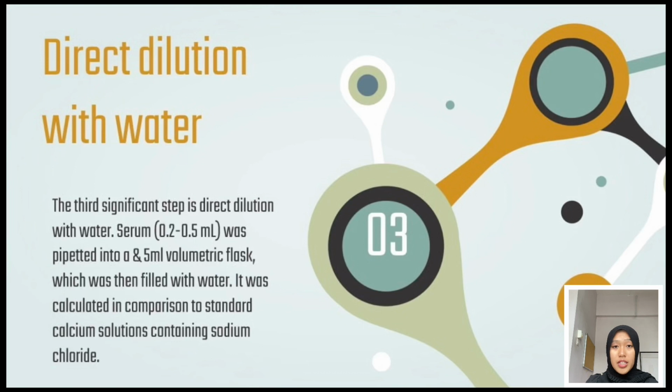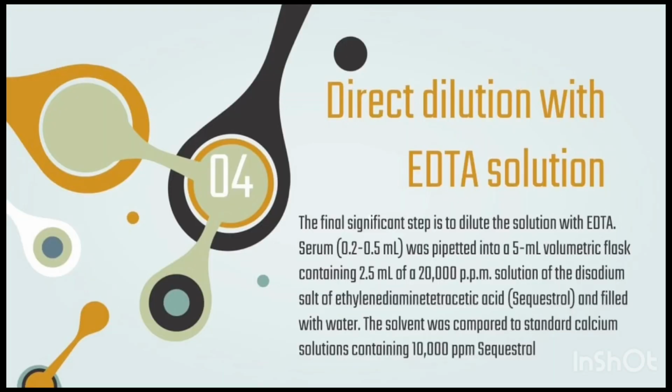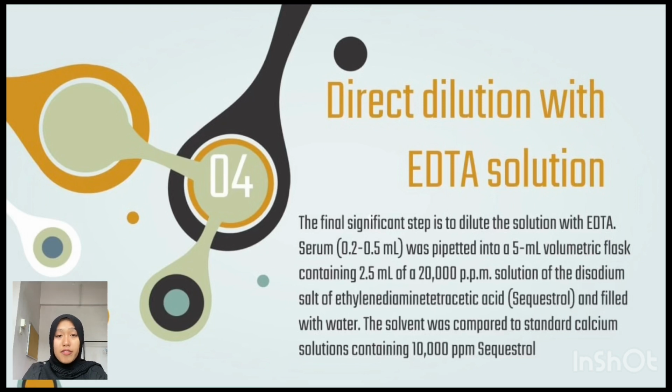The third significant step is by direct dilution with water. A serum of 0.2 to 0.5 mm was pipetted into a 5 mm volumetric flask, which was then filled with water. It was calculated in comparison to standard calcium solution containing sodium chloride. The fourth and final step is by direct dilution with EDTA solution.